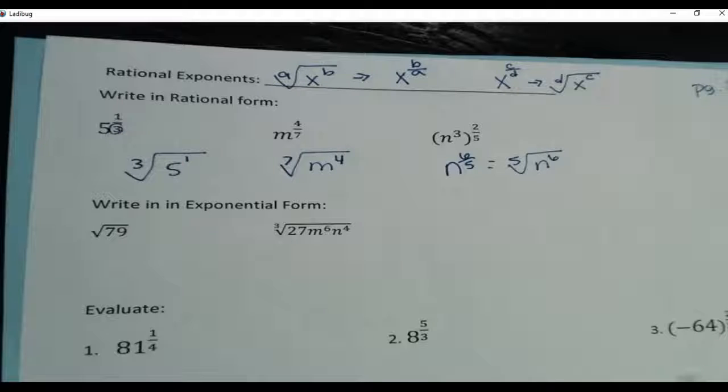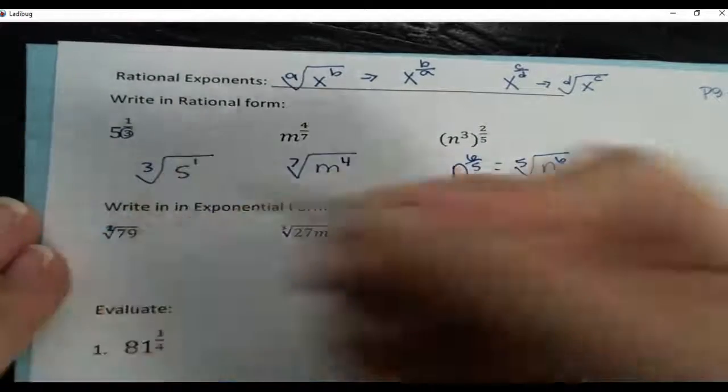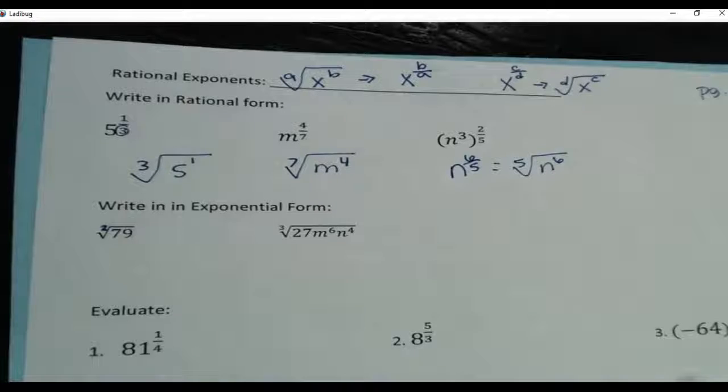So then if we look at this next one, I have the square root of 79. Well, what number do I associate with the square root? A 2. So if there's nothing out here, there's always a little invisible 2, okay, because it is a square root. Well, what exponent does the 79 have?